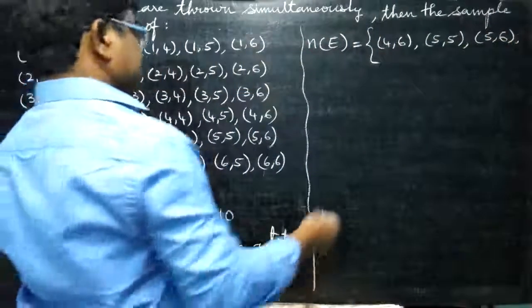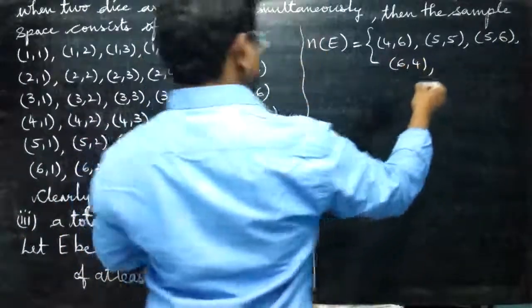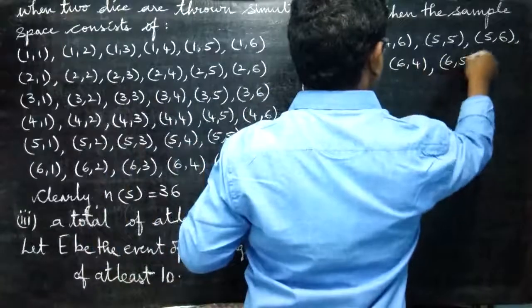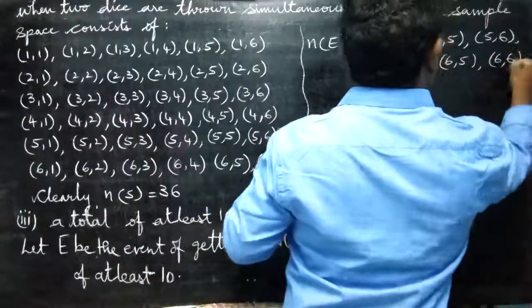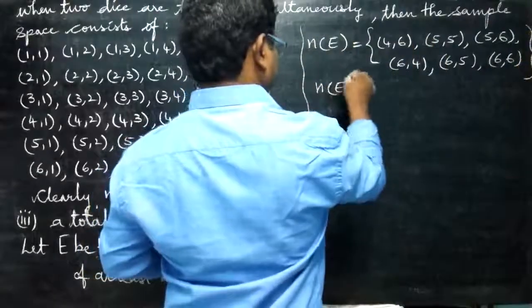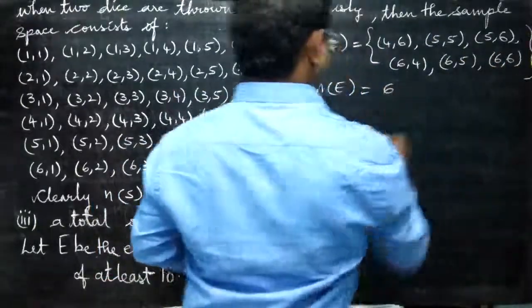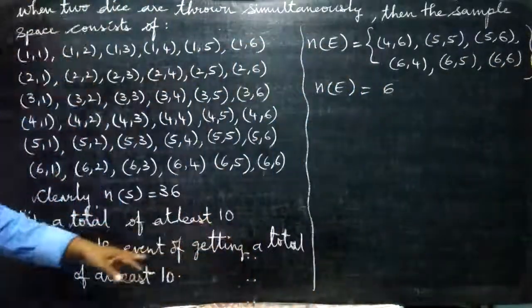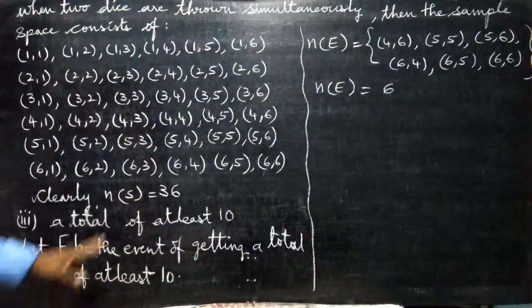Next 6 comma 4, 6 comma 5, 6 comma 6. So how many did we get? N of E, count: 1 2 3 4 5 6 we got. They did not say exactly 10, but at least 10. See, read and understand properly.